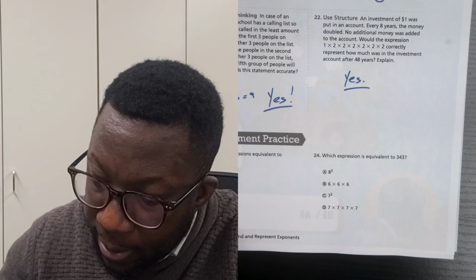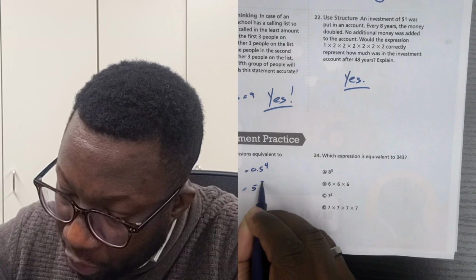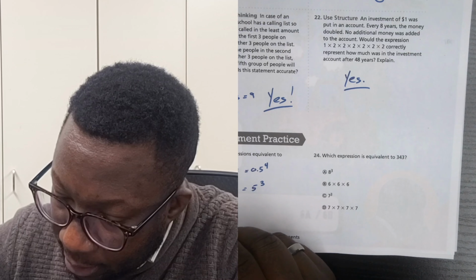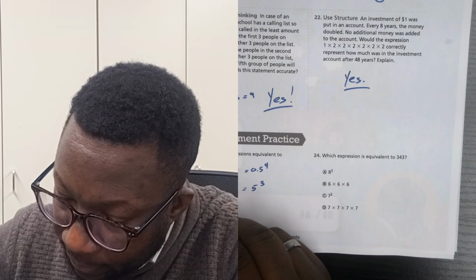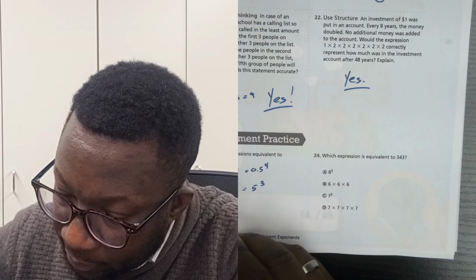I think that's going to be it. Would it be this? Because this would be 0.5 to the fourth power. It wouldn't be this because this is 5 to the third power. It wouldn't be this because the base is 3. It wouldn't be this because it's not multiplying 0.5 times 3 or multiplying it to itself.